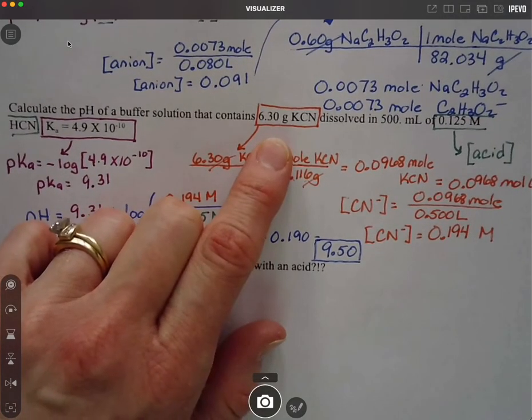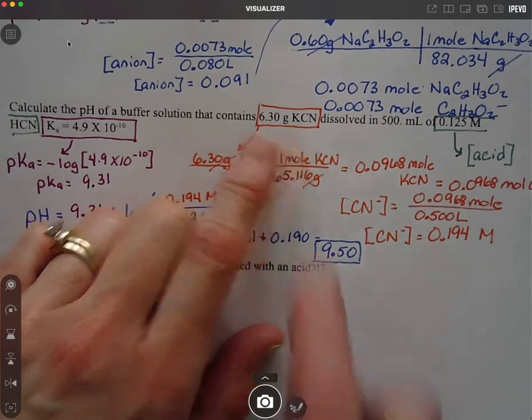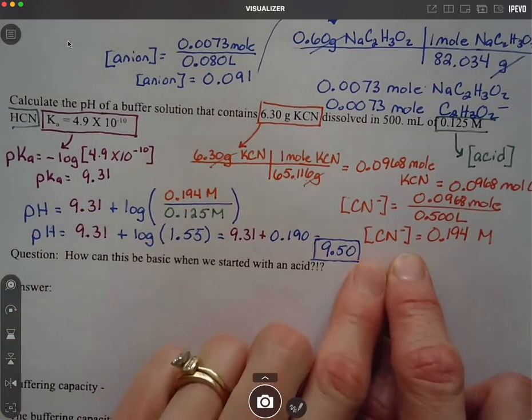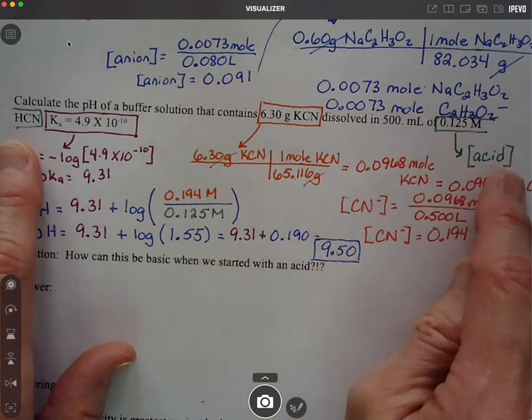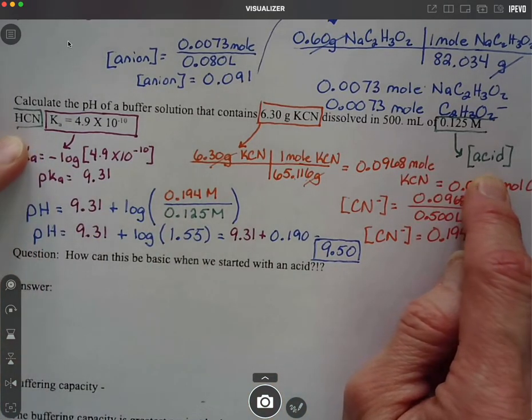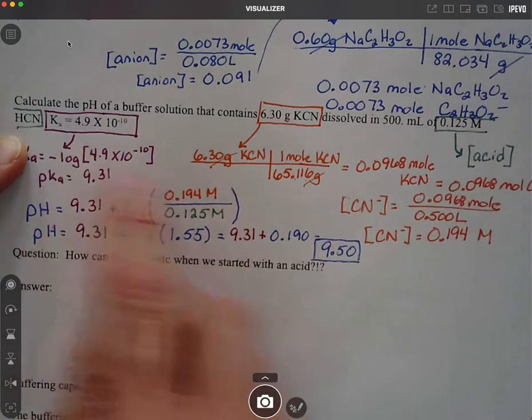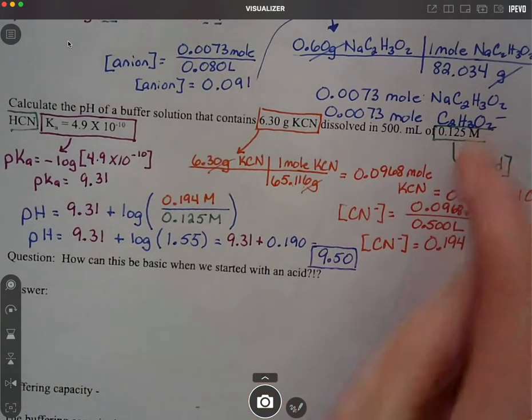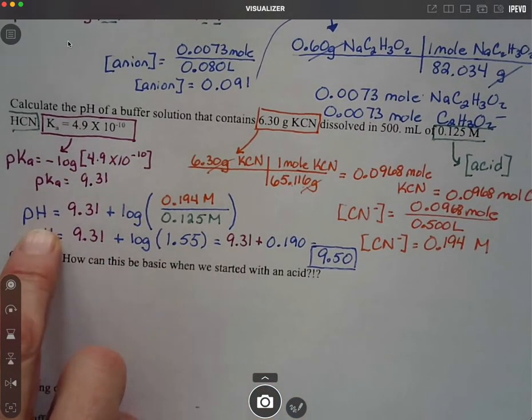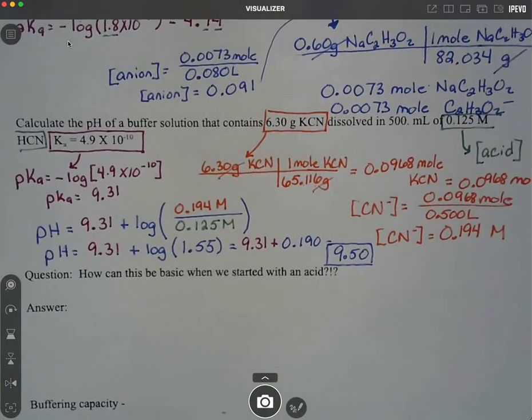Being told the mass of this ionic compound was for the purpose of getting the concentration of the cyanide ions. I was flat out told the concentration of the acid, and so that number I could just take with me. So I kind of thought about what was each piece of the information giving me and what could I do with it. I did those 3 pieces, and then I dropped them into the equation that goes with this.